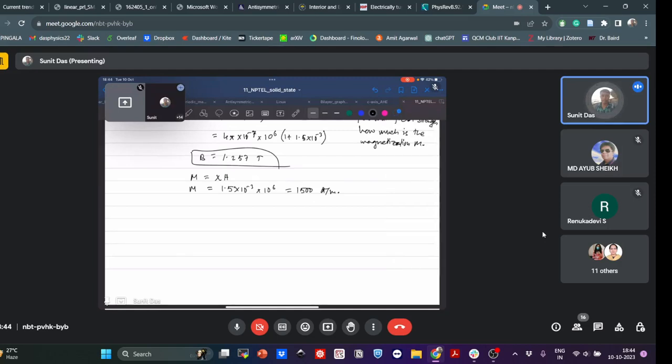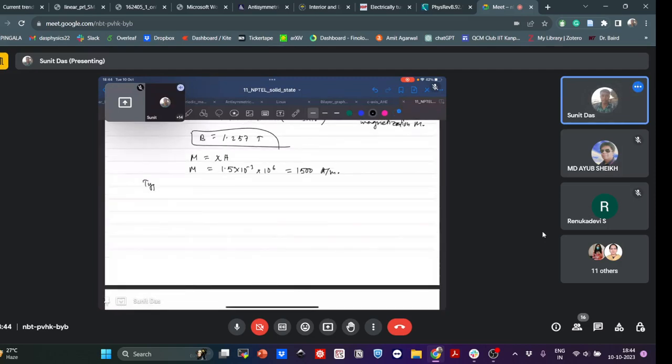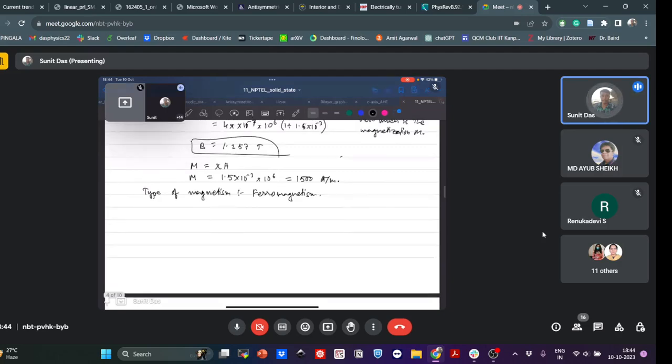So this type of magnetism is ferromagnetism. Because the susceptibility is not very low but also not very high.